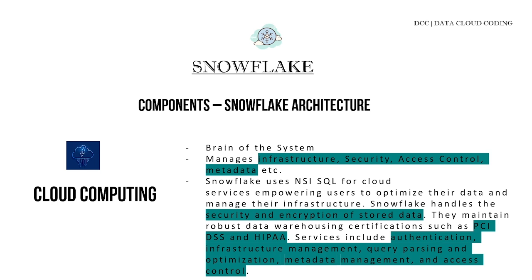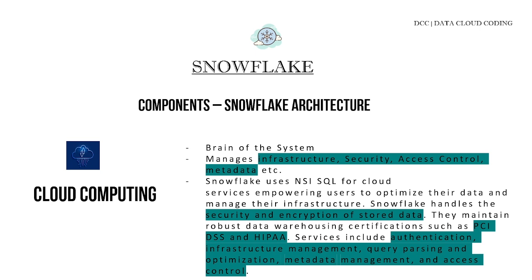The security and encryption of the stored data is managed entirely by Snowflake. Snowflake maintains robust data warehousing certifications such as PCI DSS and HIPAA. The services that this layer offers include authentication, infrastructure management, query parsing, optimization, metadata management, and access control.